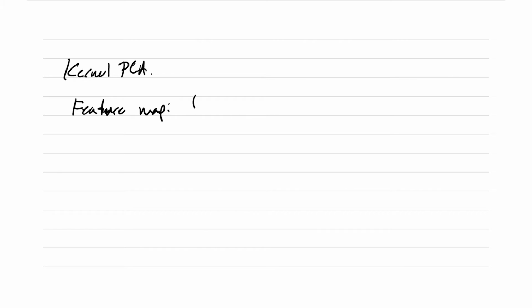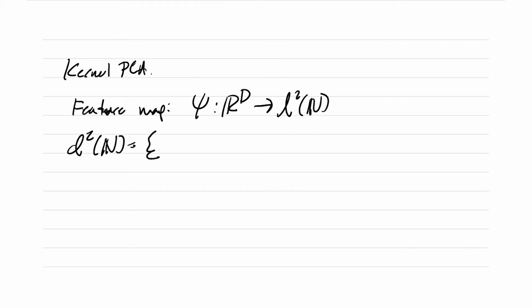This is a map psi, which goes from R^d to little l2 of N. Little l2 of N, if you don't know, is the space of sequences x1, x2, etc., going off to infinity, such that if we take the infinite series, i going from 1 to infinity, of the magnitude squared of x_i, this is finite.